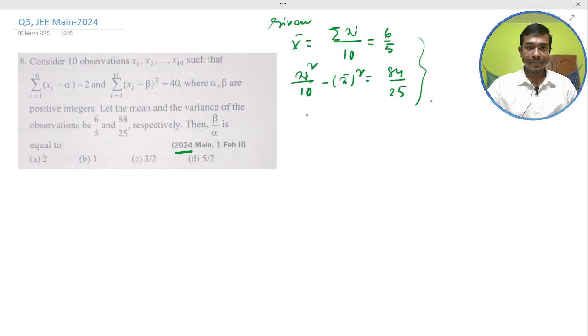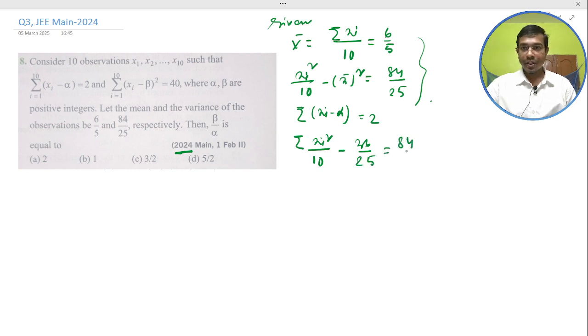Now another is given that the summation xi minus alpha, this is 2, and summation xi square by 10 minus, put this value 36 by 25, this is equal to 84 by 25.